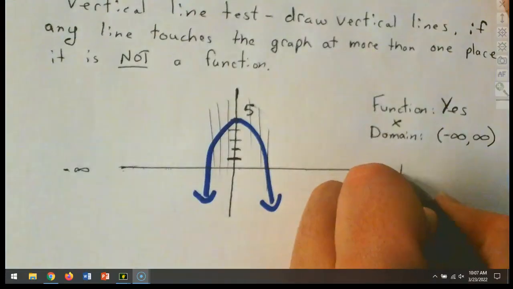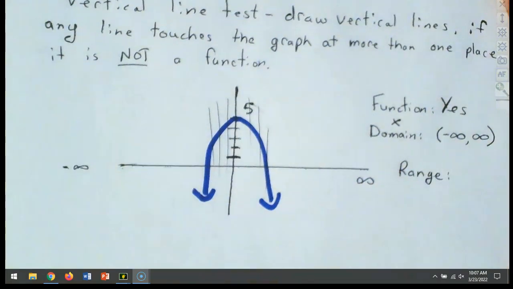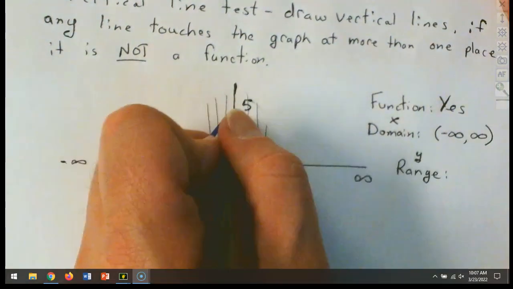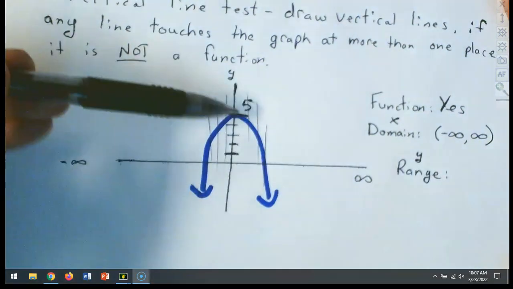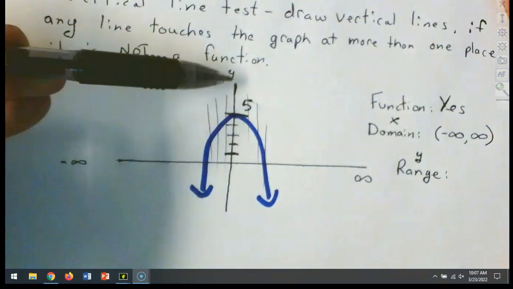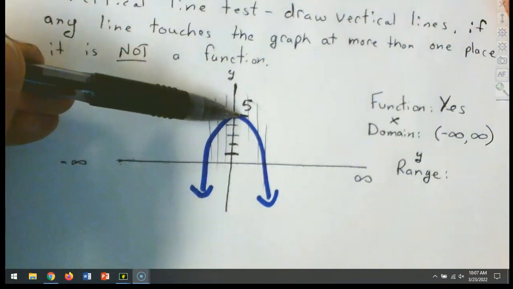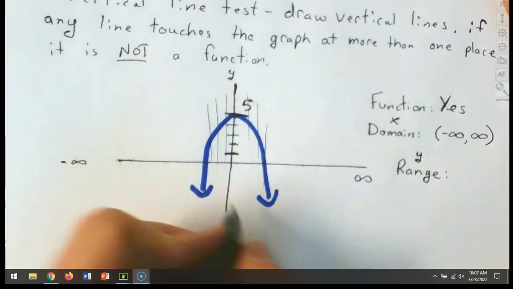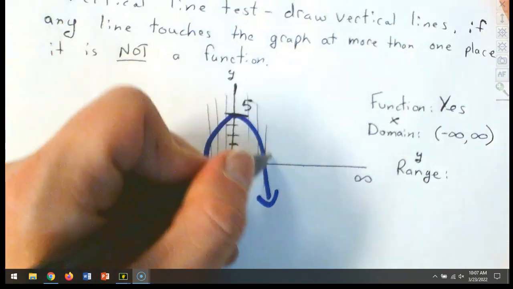What about the range? Now that's the up and down part. When I look at this, this is my up and down part, my y. When I look at this graph here, does the blue line go up at all? No. What's the highest the blue point ever is at? 5. And then what is the graph doing?